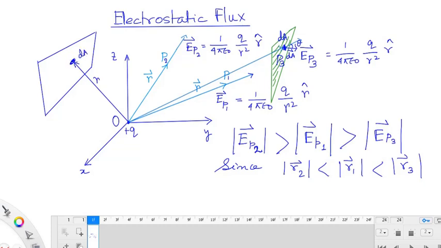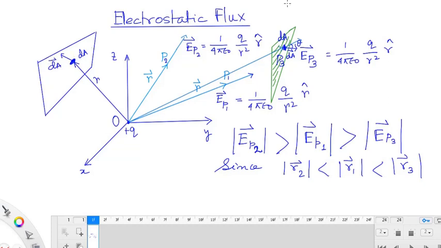dA. Now depending upon the orientation of the surface, you will get the area vector. Suppose the area vector is perpendicular to this. Suppose this is the area vector, so let's make it a little shorter. This is the dA vector.